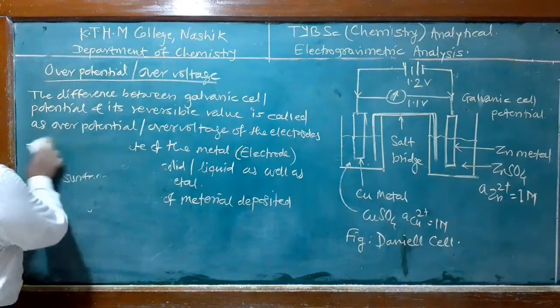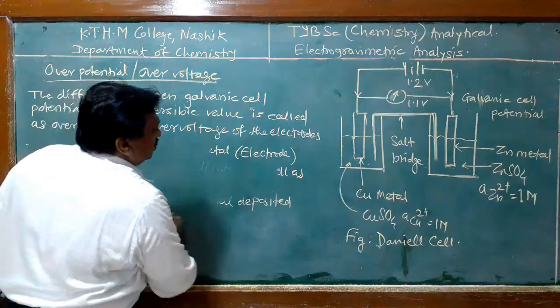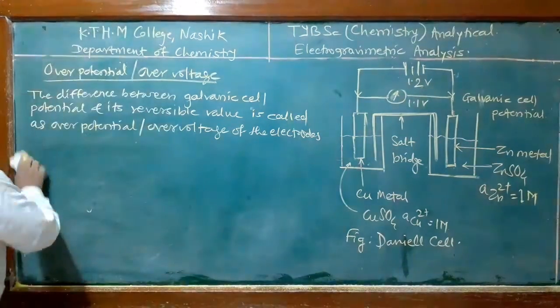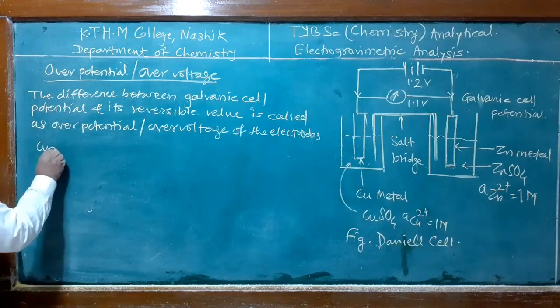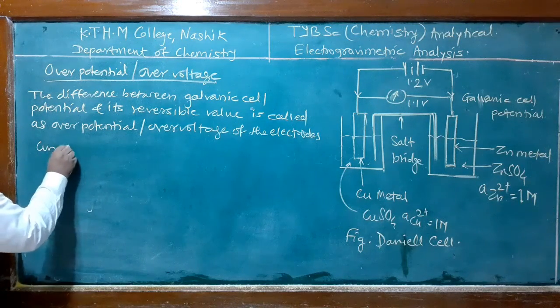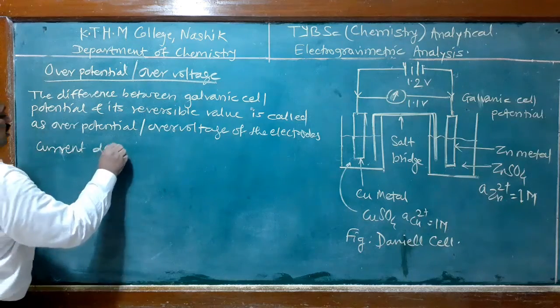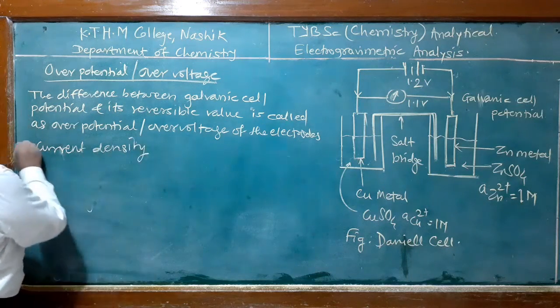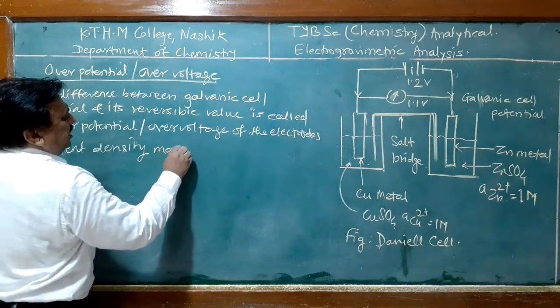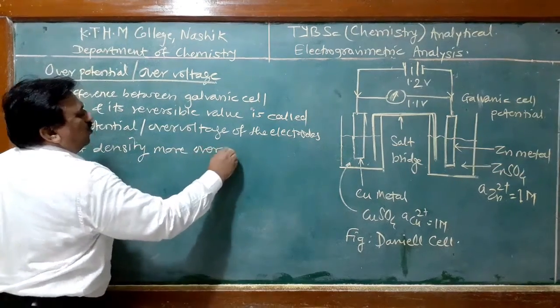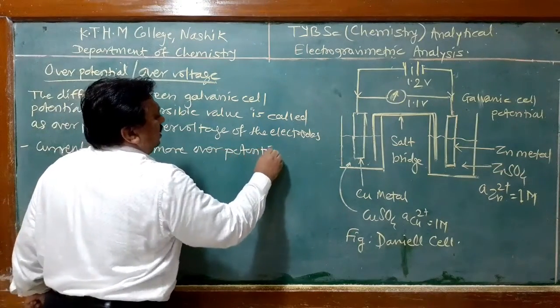The third factor that determines the overpotential is called current density. Current density, we discuss it afterward. When current density is more, overpotential is less.